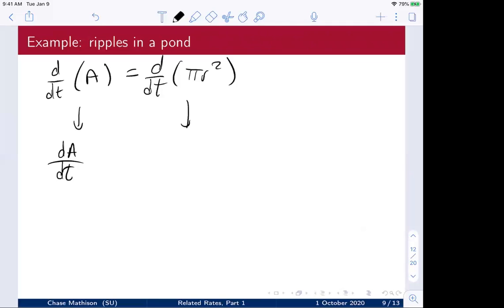And then the right-hand side. So what's the derivative of pi r squared with respect to t? Would it be 2 pi dr/dt? So close. 2 pi times, not dr/dt. It's so close, though.